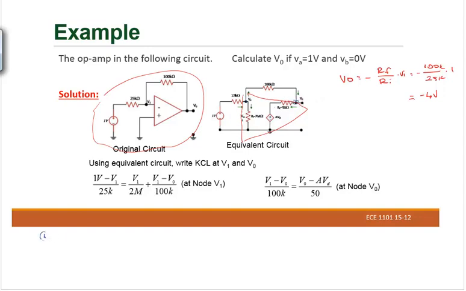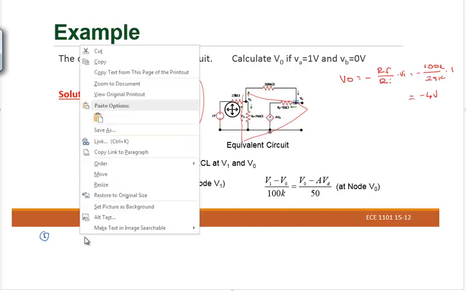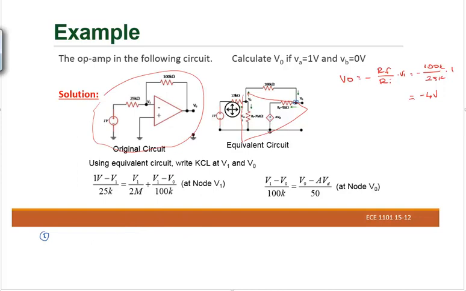Number one: 1 minus V1 divided by 25K, minus V1 divided by R, where R is 2 mega in this assumption.